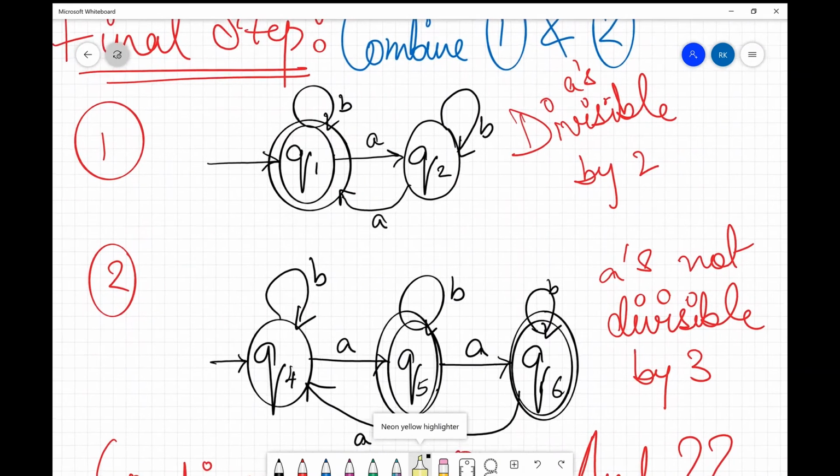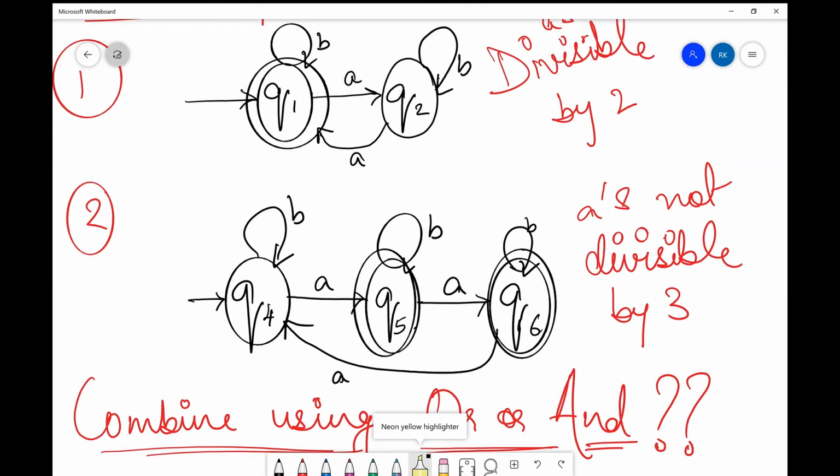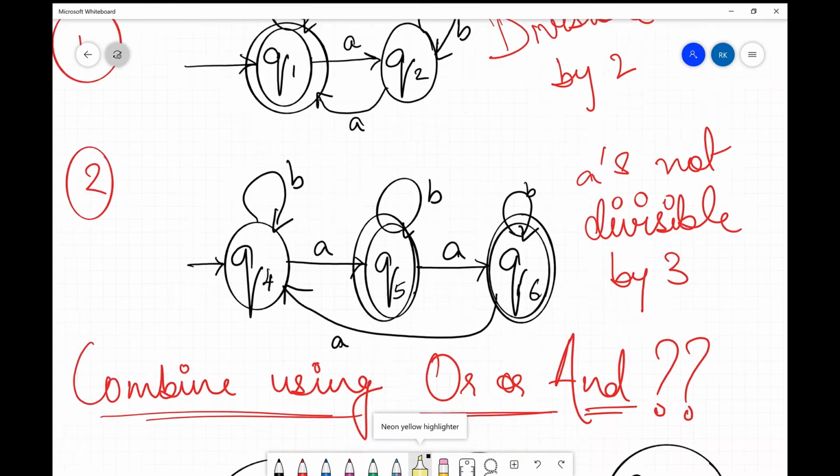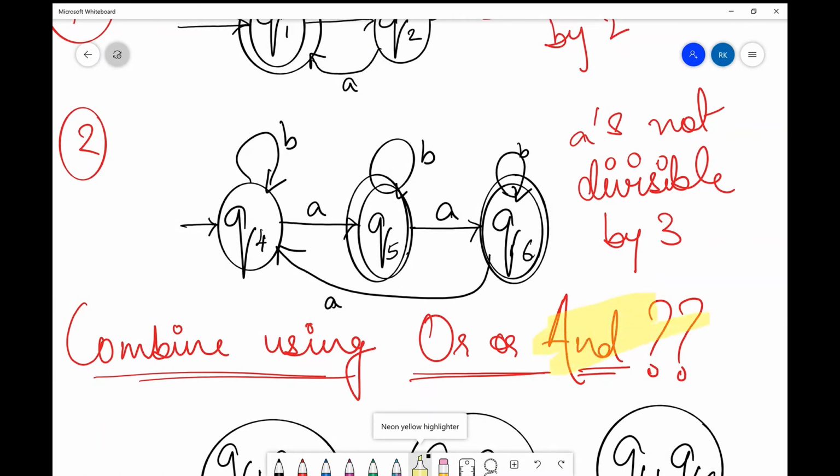So here I have both the DFAs, divisible by 2 and divisible by 3, right? So now how do we combine that? We already studied the question and we figured out that both the conditions were combined using an AND clause, right? Not an OR clause. So now what we need to do?